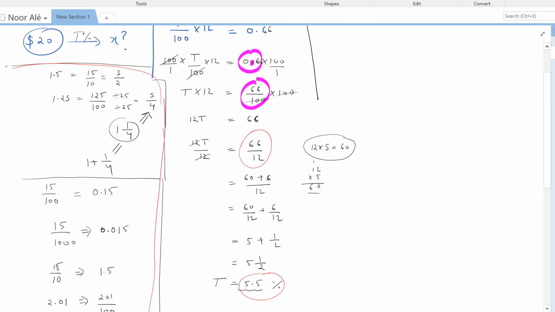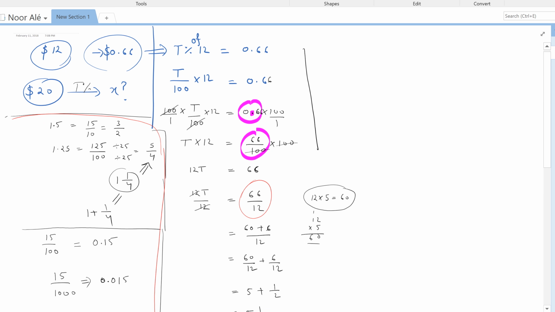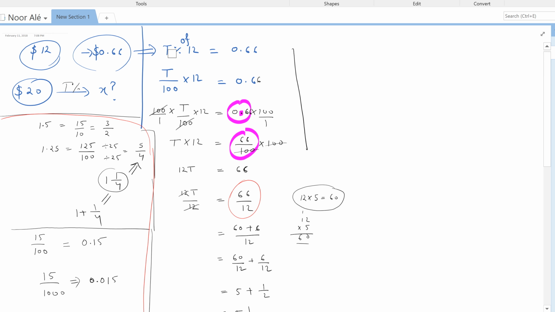So I know that I start off with t over 100. Yeah, you're going to follow those steps. I'm writing t%, so let's assume t is the tax. So t% of 12. Now you're going to write t% of 12 equals whatever number I gave you, 0.78. Okay, so I'm going to rewrite that: t percent of 12 equals 0.78, right?